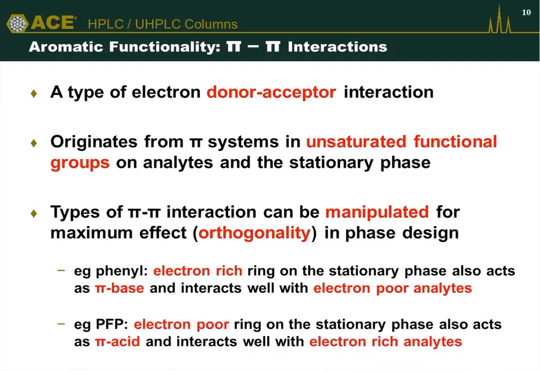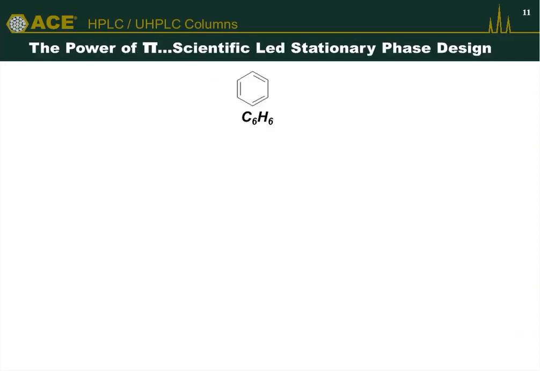Now compare that to a PFP ring, which has those big electronegative fluorines attached to the ring system, and those electronegative fluorines want the electrons to come out of the ring and be attracted to the fluorine, and that actually makes the ring slightly electropositive, and that is very different to the phenyl type ring system. So we have two complementary but unique type ring systems here that we can use in our stationary phase design.